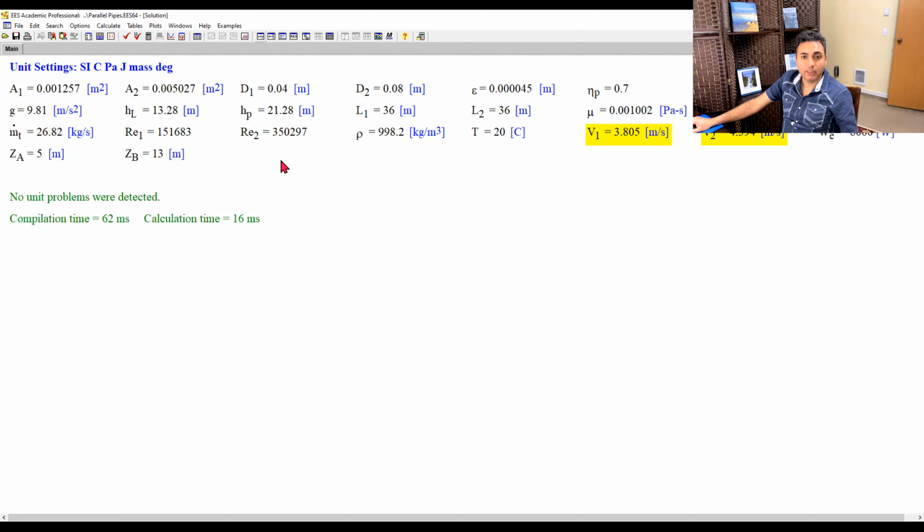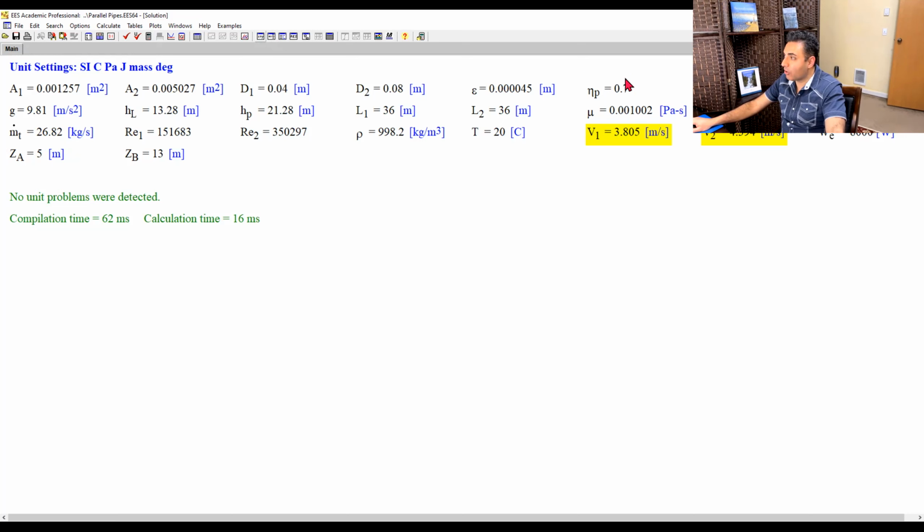But EES iterated and converged to an answer, a realistic answer, because I gave it two realistic values for friction factor without even changing the range for variables, which I should have, but I didn't. But I forced EES to come up with a realistic answer. Now, this is the trick, the clever trick.